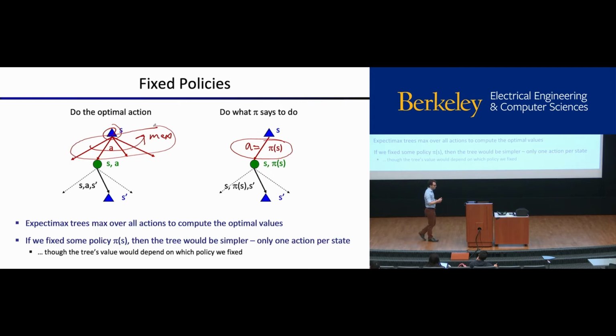So at every step we keep taking policy actions, because what we want to know is, if I just follow this policy forever, how much value do I get? Okay? Everyone see the distinction here? All right.